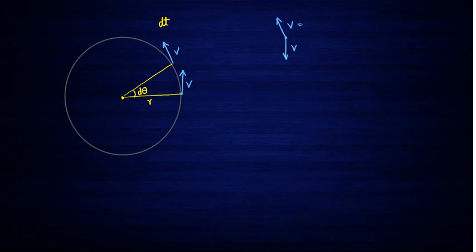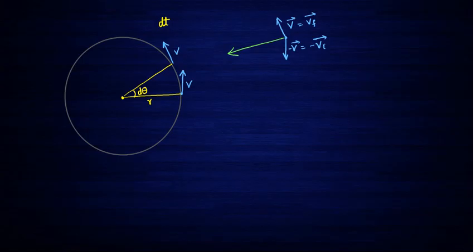So this is equal to the final velocity vector, and this is equal to the negative of the initial velocity vector. Okay, so the net change is final minus initial. That is the reason why we have inverted the initial vector. So intuitively we can understand that the resultant is going to point towards the center.